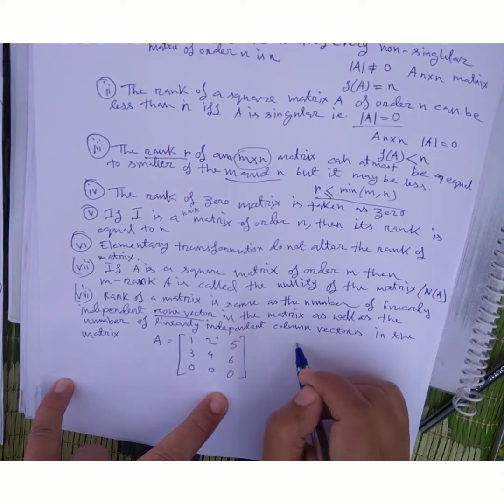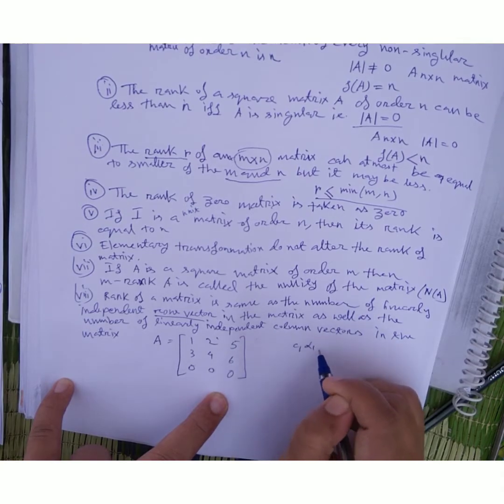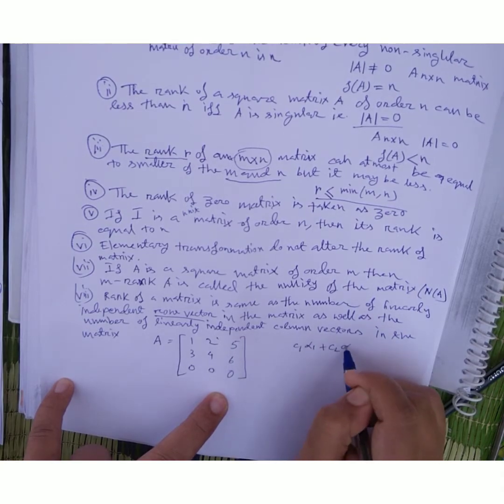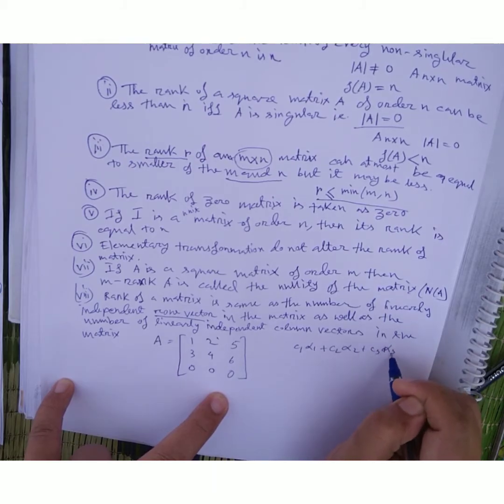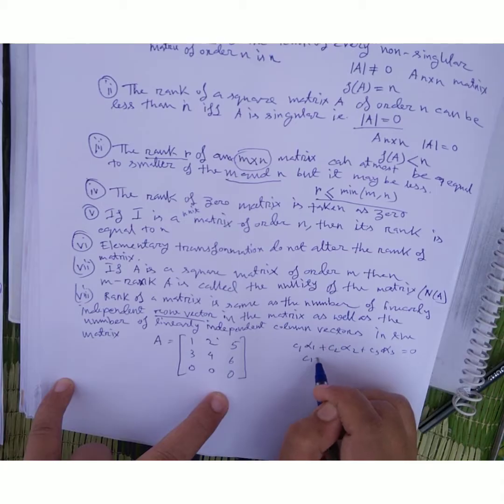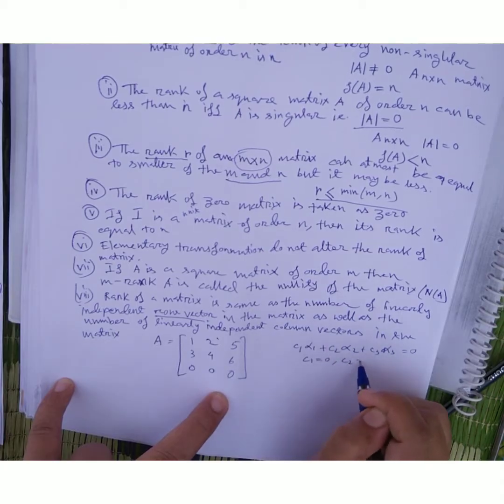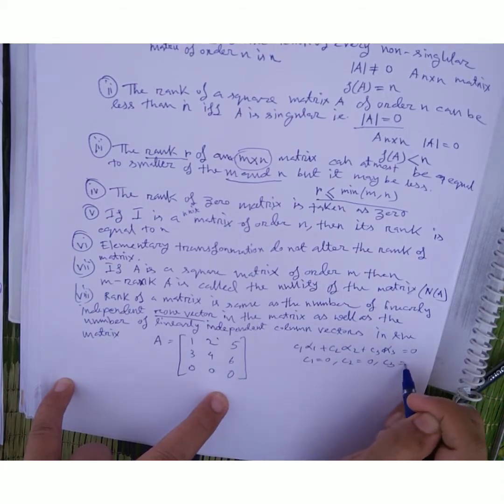Linearly independent means C1 alpha 1 plus C2 alpha 2 plus C3 alpha 3 is equal to 0, then C1 is equal to 0, C2 is equal to 0 and C3 is equal to 0.